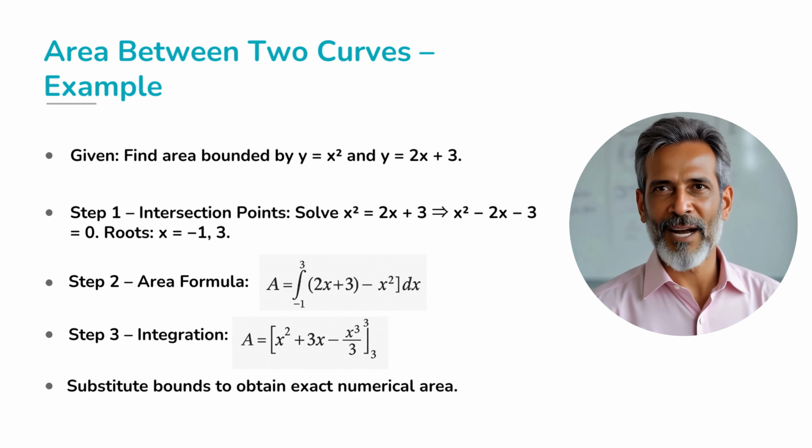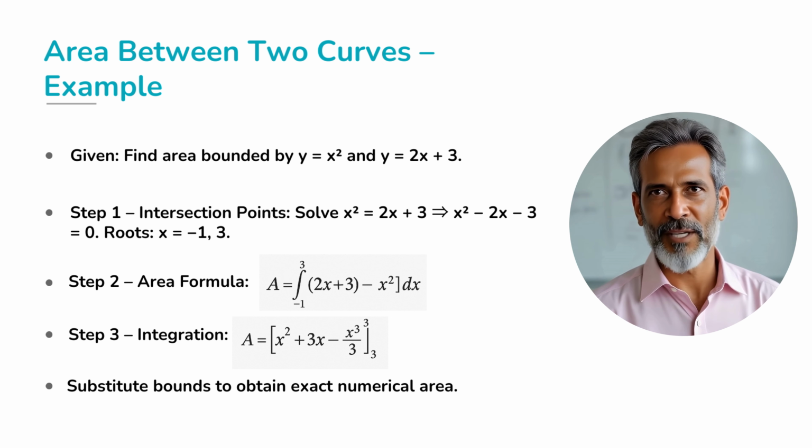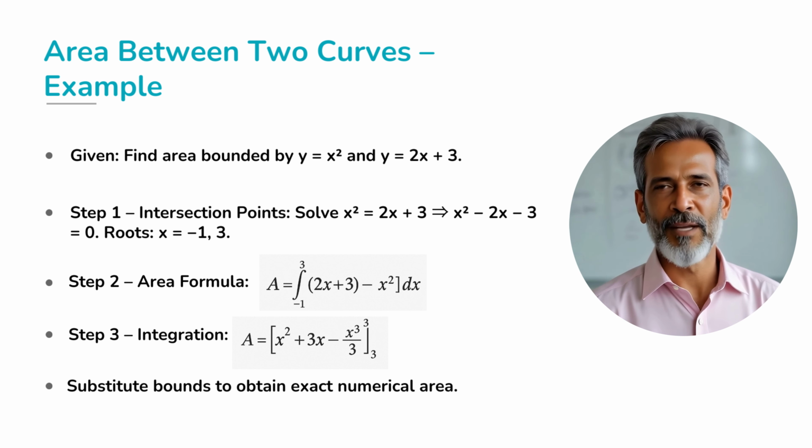Step 2. The area is given by the integral from minus 1 to 3 of [2x plus 3 minus x squared] dx. Step 3. Integrate term by term. The integral of 2x is x squared. The integral of 3 is 3x. The integral of x squared is 1/3 x cubed.